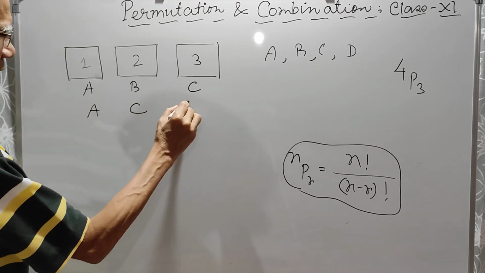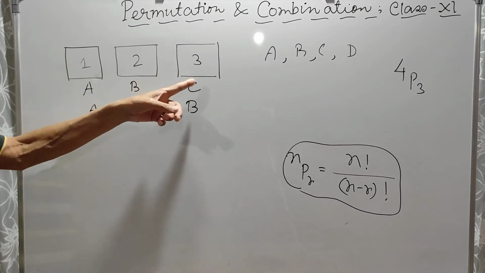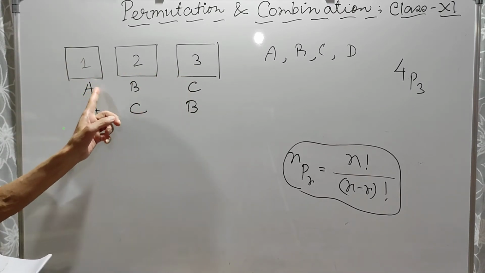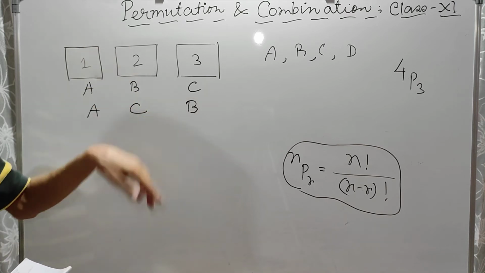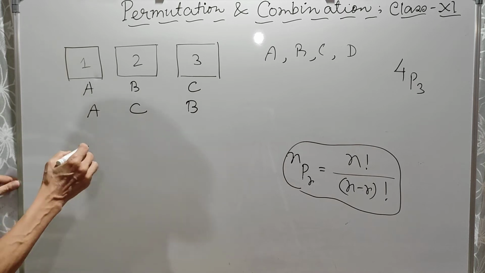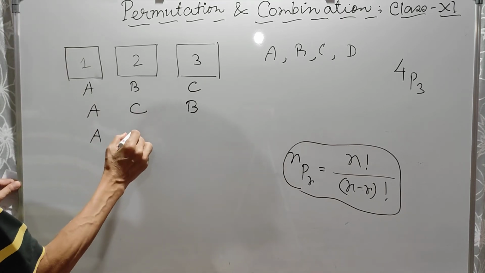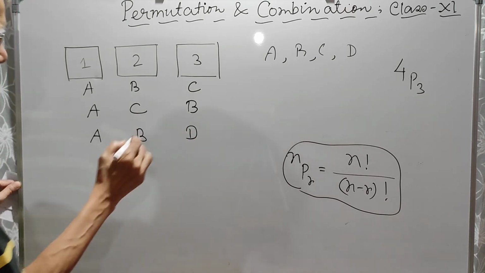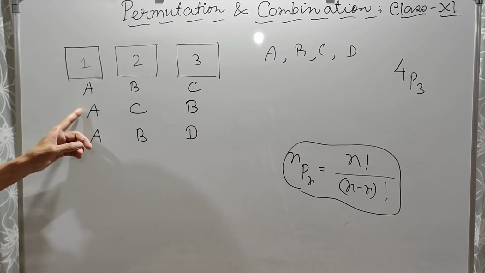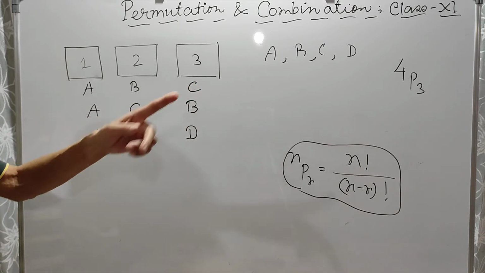Or ACB, this is another permutation. A can sit here, B and C here, then they can reverse C and B. ABC is different from ACB. As I told you, order is very important. All right. Then suppose A sits here, then it can be B and D, A, B and D. Now here A, B, C, so D is out, but now A, B, D, C is out.